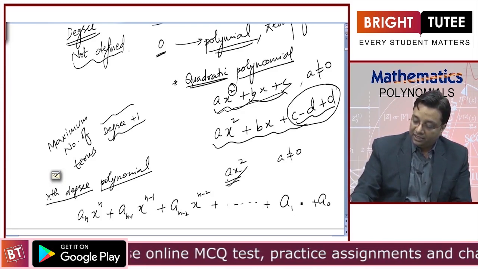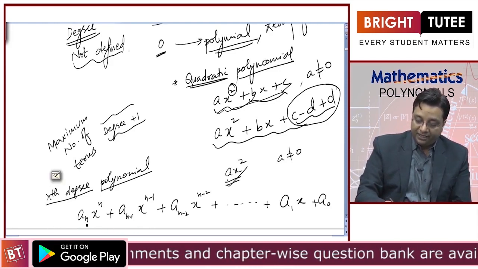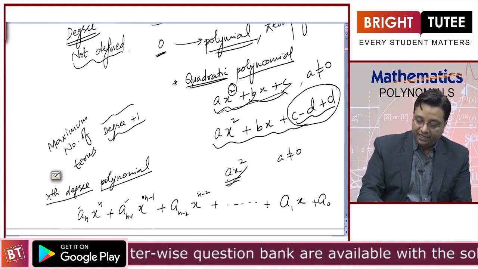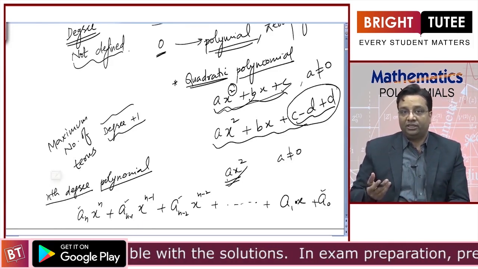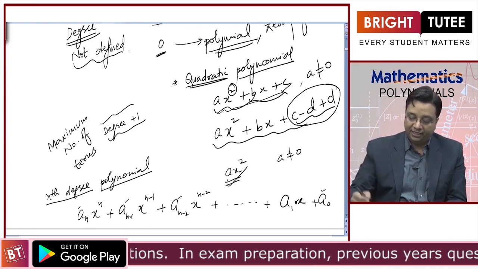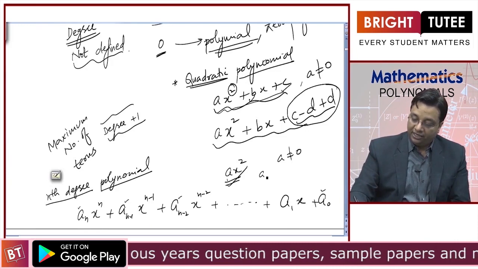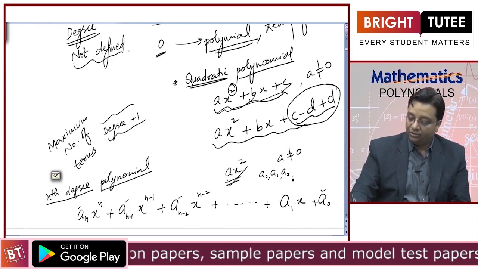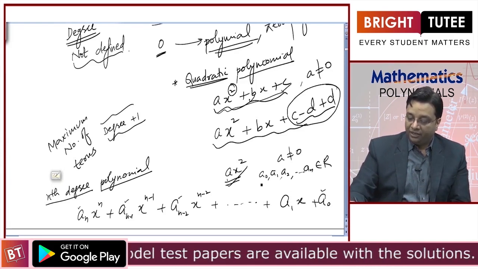Before that, let us say I have a1x, right? These are a n minus 1, a n minus 2, a naught, these are coefficients and they are real, okay. So, a naught, a1, a2 up to an, these belong to real numbers, okay.